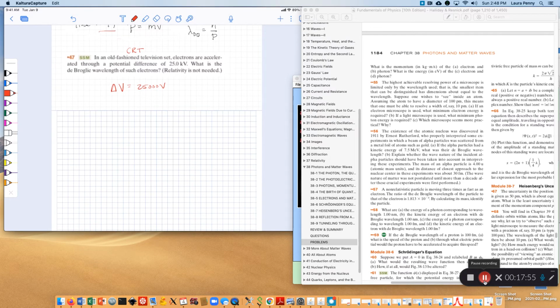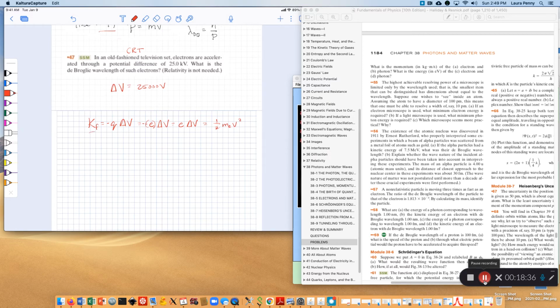So remember that the kinetic energy that they're going to have afterwards is going to be the charge on the electron, so their charge times delta V. Charge on this is an electron, it's actually a negative electron times delta V. So e times this delta V, and then that has to equal 1/2 mv squared.